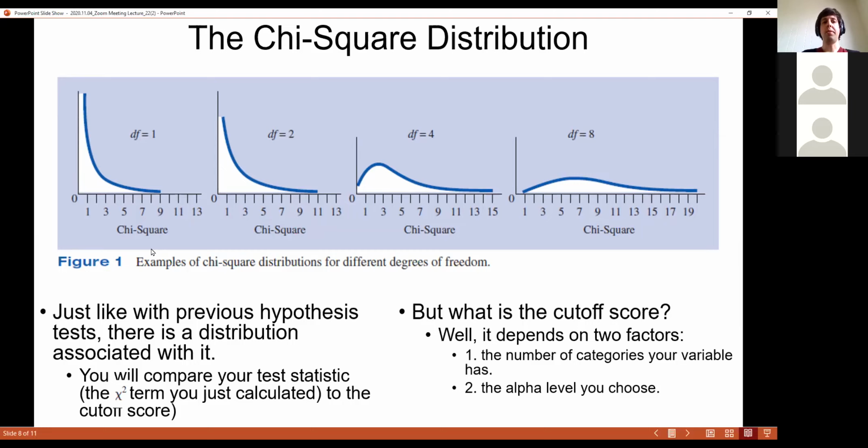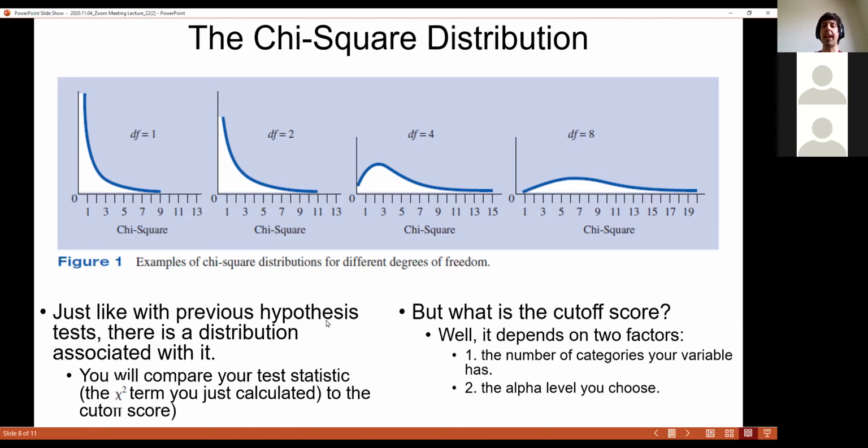And like the t-distribution, the chi-square distribution differs depending on how many degrees of freedom your study has. And the degrees of freedom your study has is pretty simple. It's the number of categories your variable has.